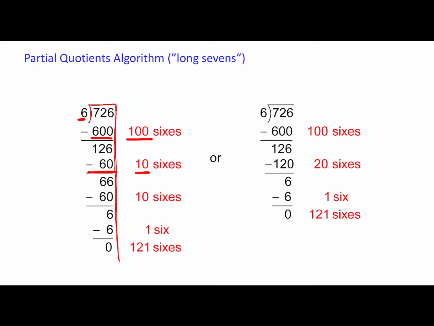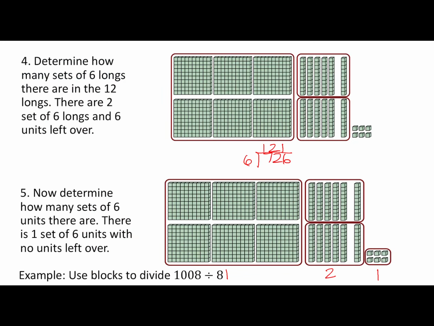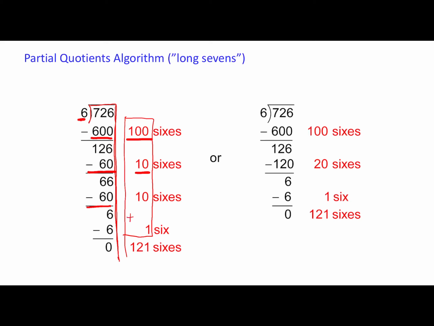And then you could say, well, I could take away 10 more 6's, so I'm going to subtract 60 again, and I'm left with 6, and that leaves me with 1 6. So I'm going to take the number of 6's that I've subtracted off and add those numbers up. If I add those up, I get 121. So 726 divided by 6 is 121.